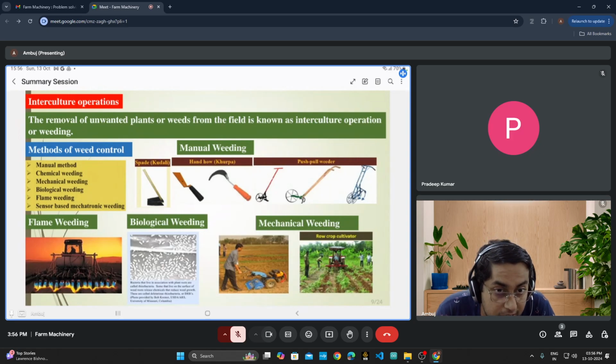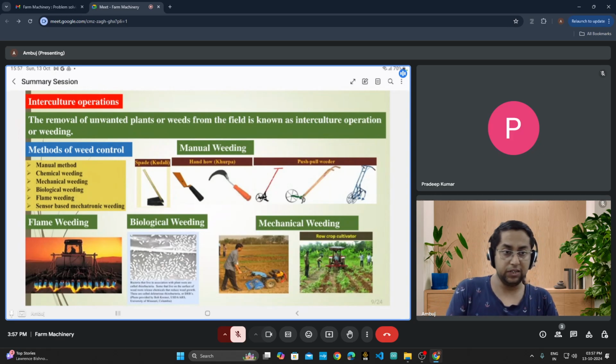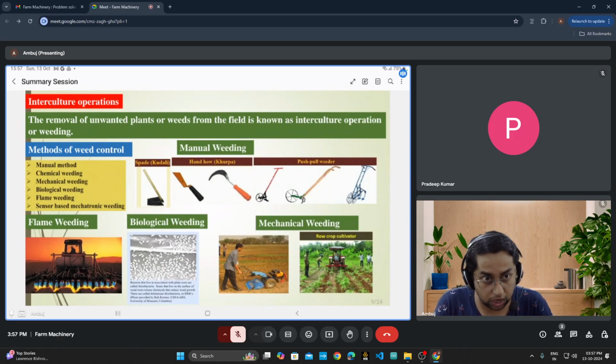Mechatronic weeding means mechanical plus robotic, meaning a sensor actuation mechanism is there. When the weed is sensed in the field, only then is the engagement made with the weed for removing it. No harm to the crop is made. This is the meaning of sensor based mechatronic weeding.